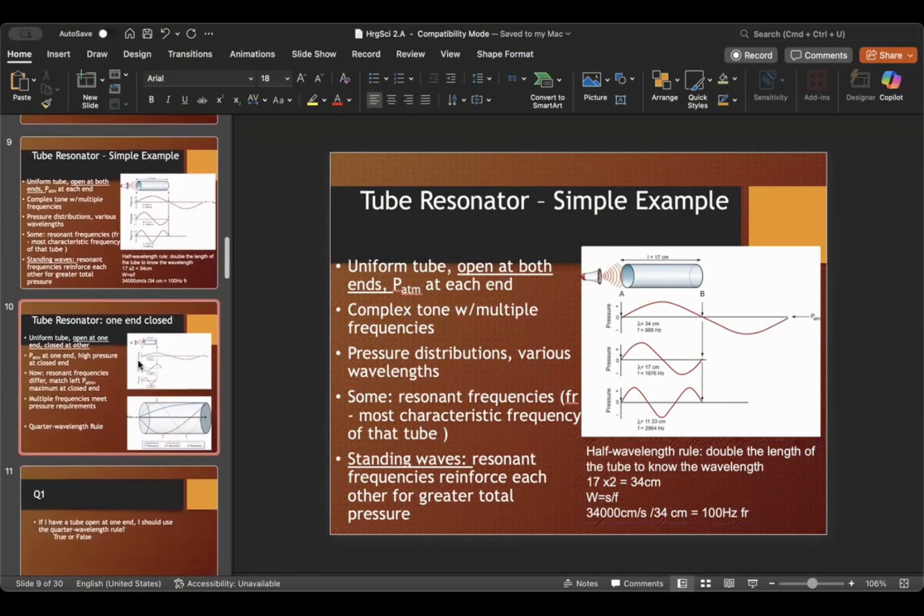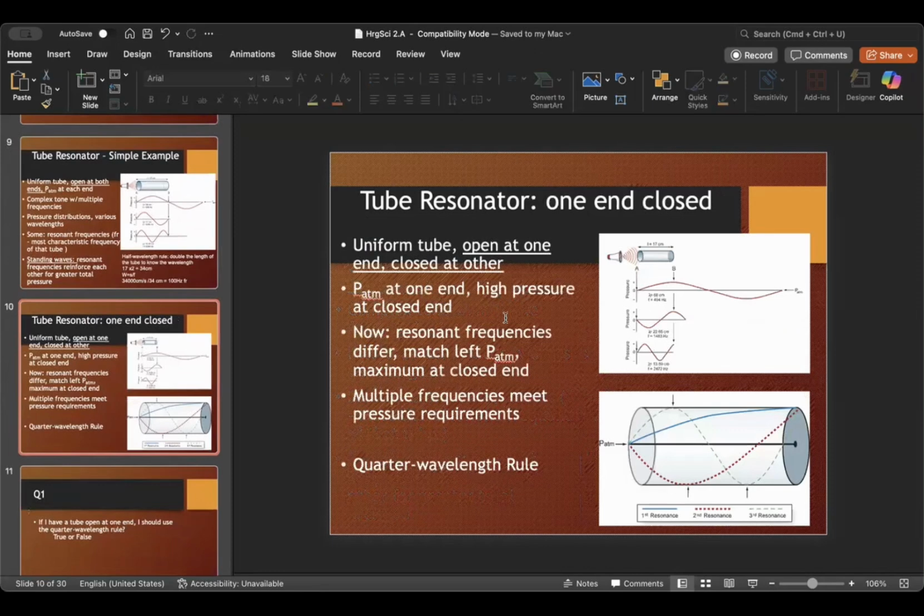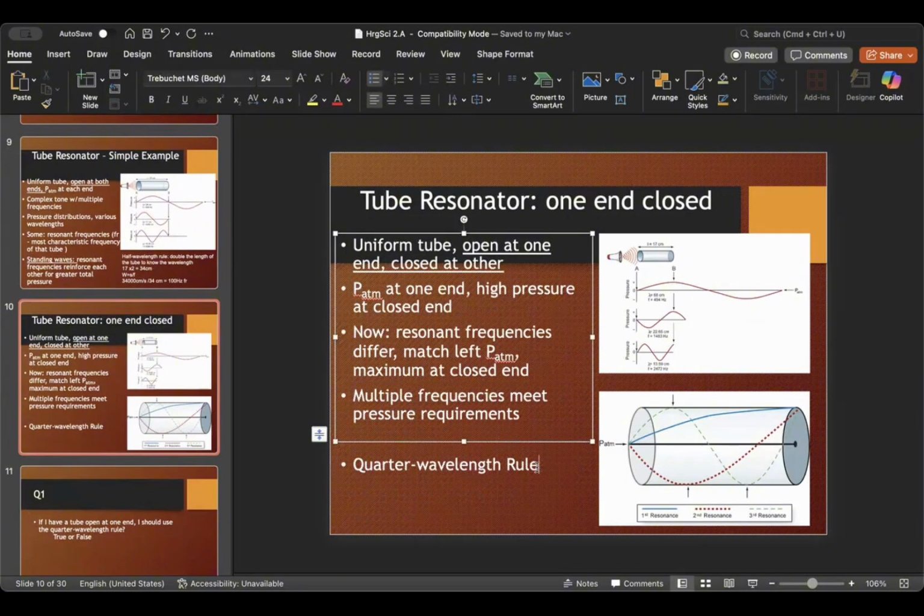And then if we're doing a tube resonator that's closed or open at one end, we're going to use the quarter wavelength rule. For the past example we looked at, we did 17 centimeters and multiplied by 2 because it was a half. However, right now, since it's a quarter, we're going to multiply by 4, which will give us 68 centimeters. Then we apply the same thing as last time.